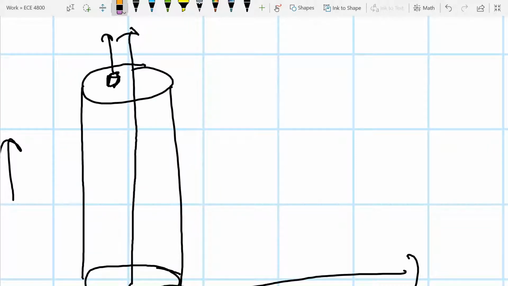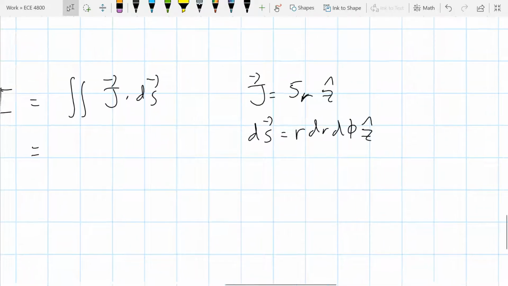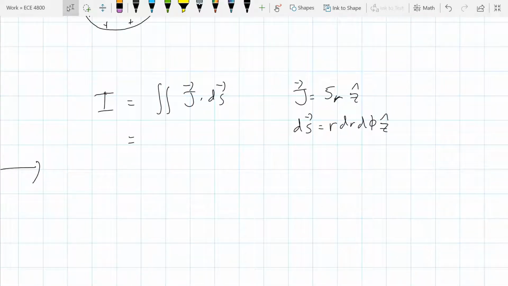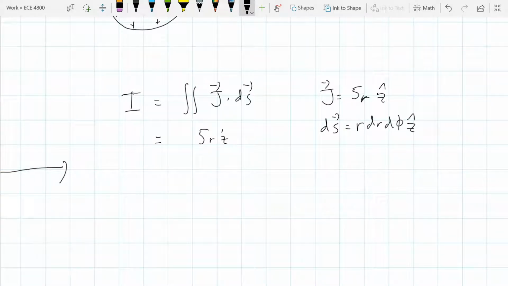Imagine a small patch here on the area, and the ds vector, of course, points perpendicular to that surface. So it points in the z hat direction. And then you have r dr d phi as that differential area. All right, so we have 5r times z hat dotted with r dr d phi times z hat.